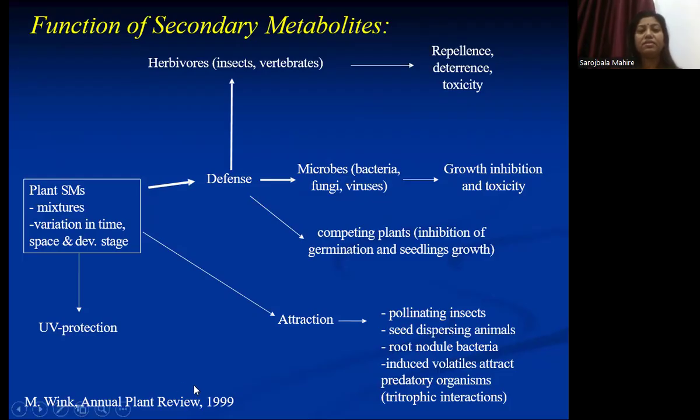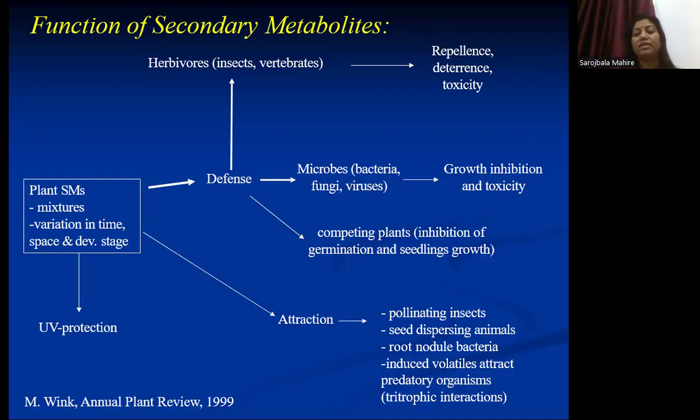Another role of these secondary metabolites is attraction of pollinating agents and pollinating insects. It helps animals: animals can carry the seed from one place to another, so secondary metabolites attract these types of animals or insects.